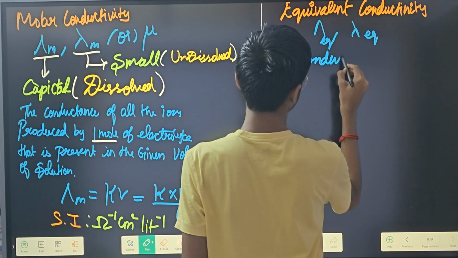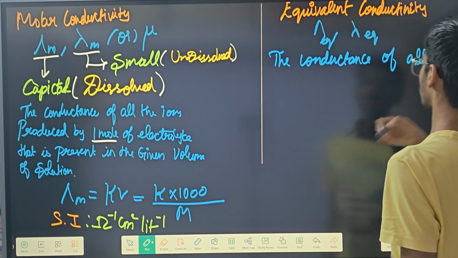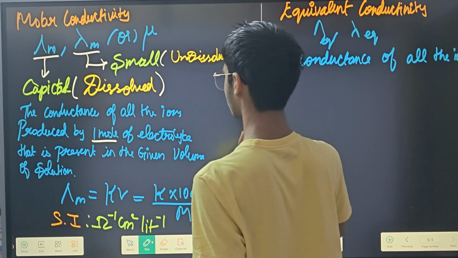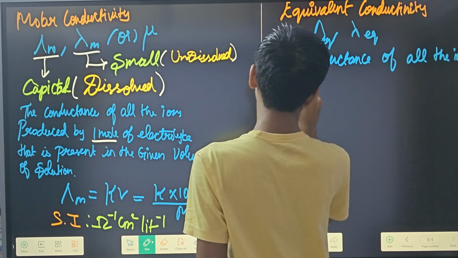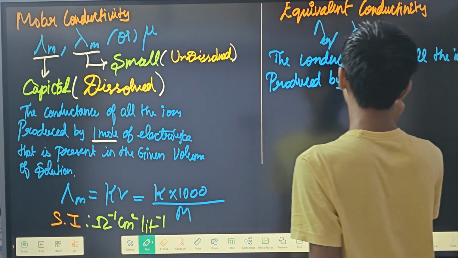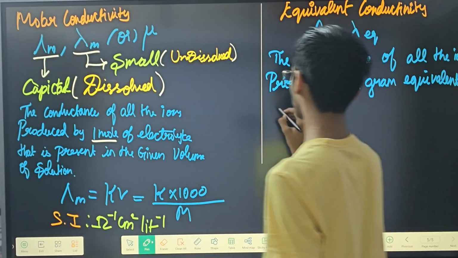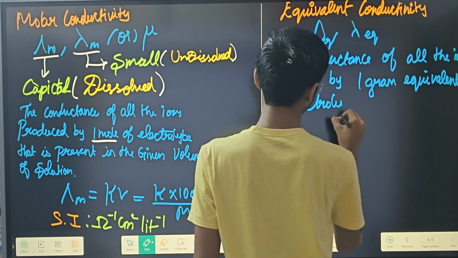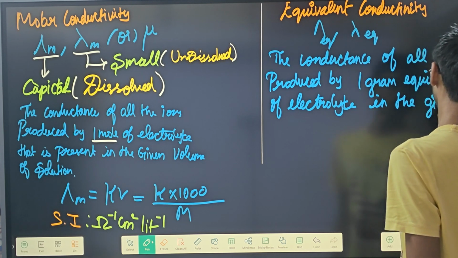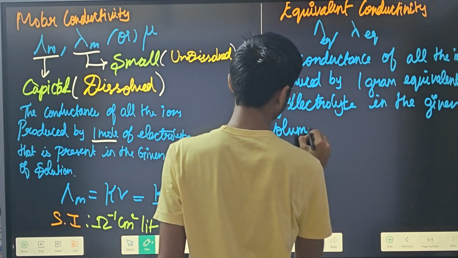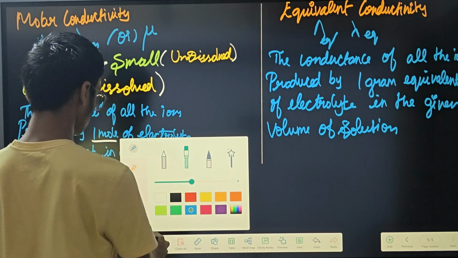The conductance of all the ions produced by 1 gram equivalent of electrolyte in the given volume of solution. So what is its formula going to be?